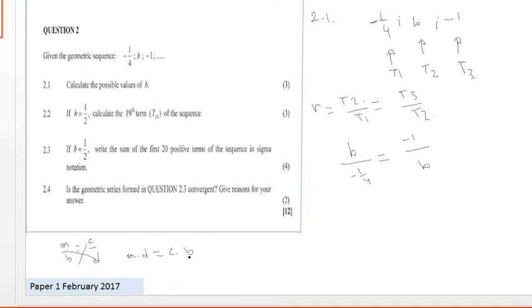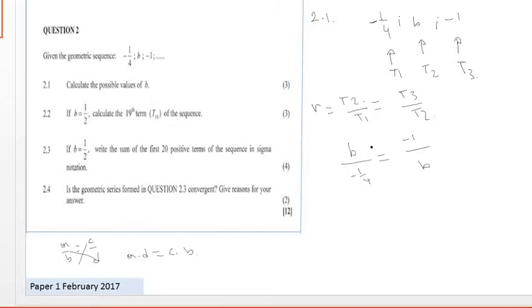The reason to do that is to modify my equation in such a way that it does not present fractions. So the only way to do that is to cross multiply.